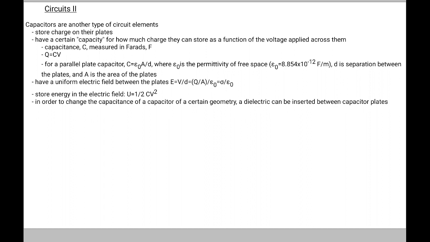Now, in order to change the capacitance of a capacitor, we can insert what we call a dielectric between capacitor plates. So let's say that here is the capacitor.